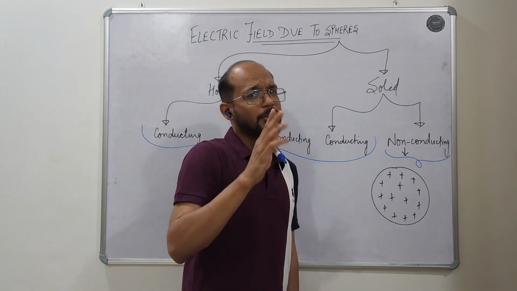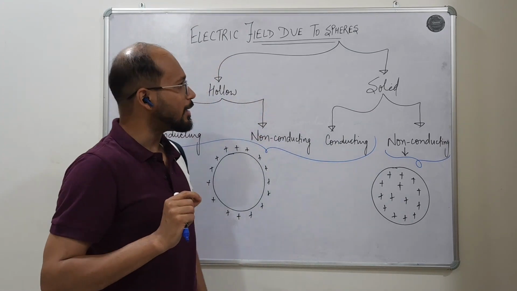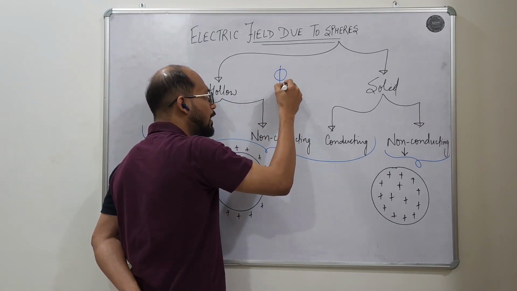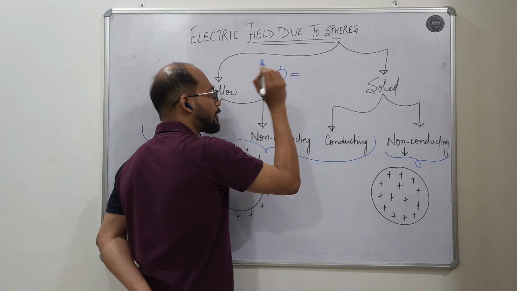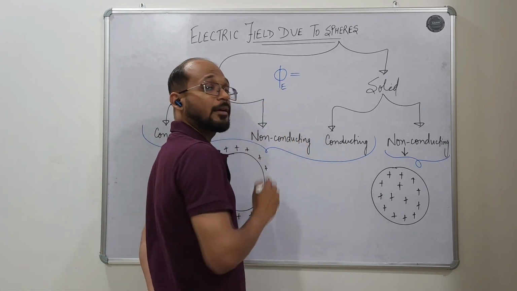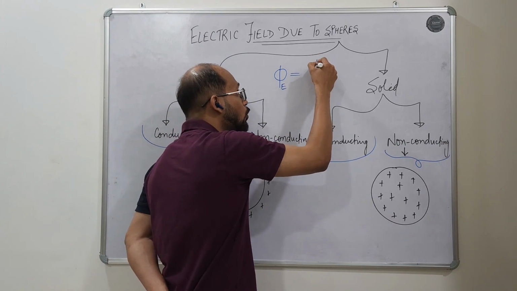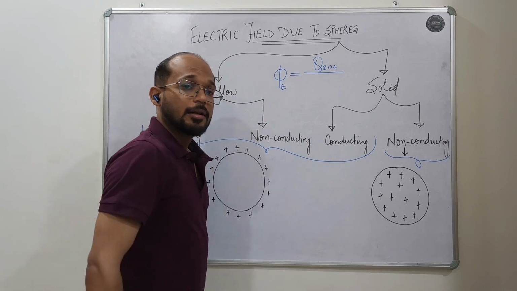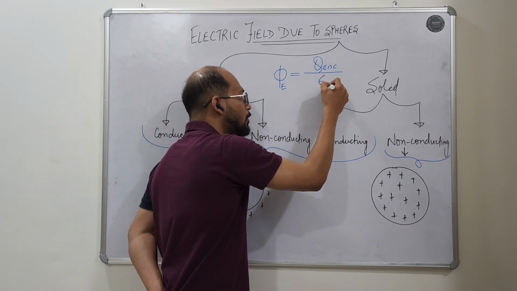Now there is a question, what is Gauss law? All of you have studied that Gauss law states that the total electric flux through a closed surface is equal to the total charge enclosed by the closed surface divided by epsilon naught.